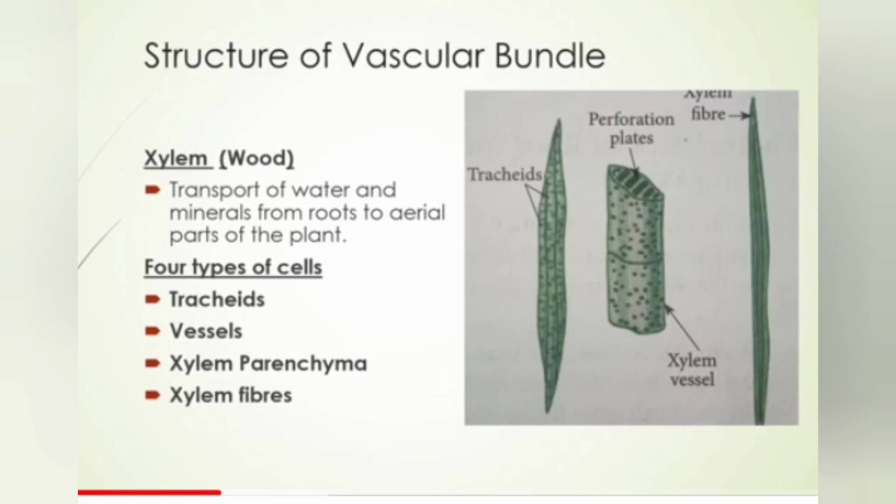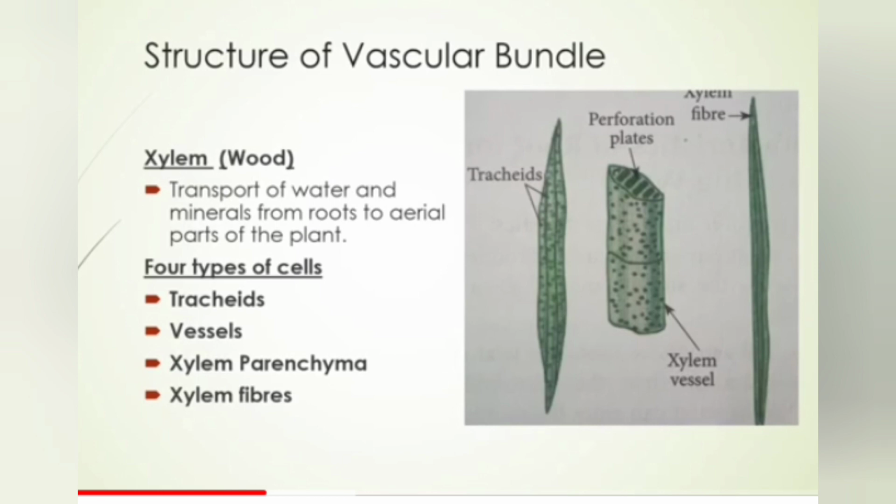Tracheids are single, elongated, angular dead cells, with walls thick due to the deposition of lignin. Vessels or tracheae are much elongated multicellular tubes. Xylem or wood parenchyma are living parenchymatous cells with thin cellulose walls. Xylem sclerenchyma or wood fibers are long, narrow cells tapering at both ends.